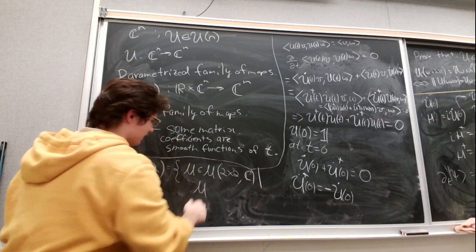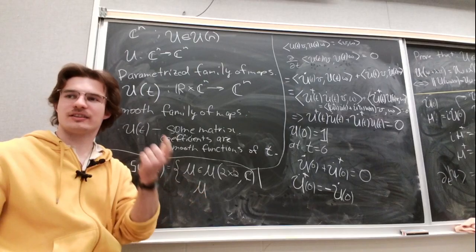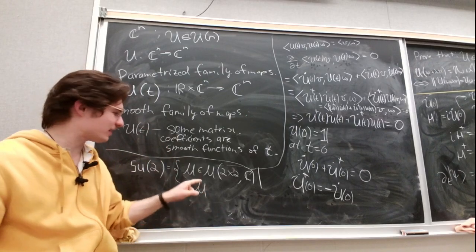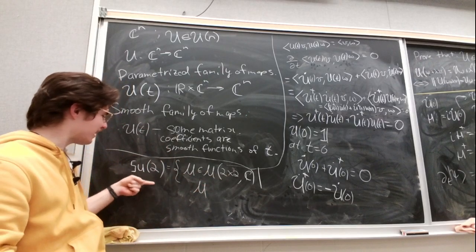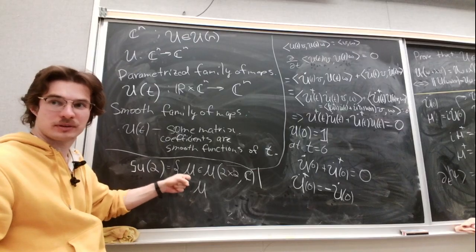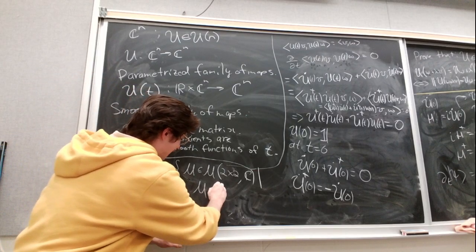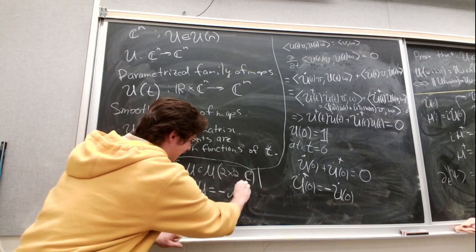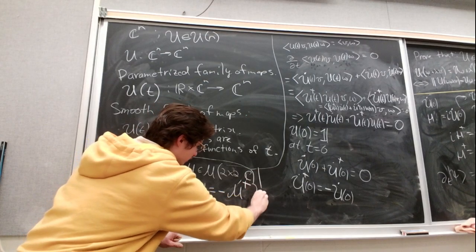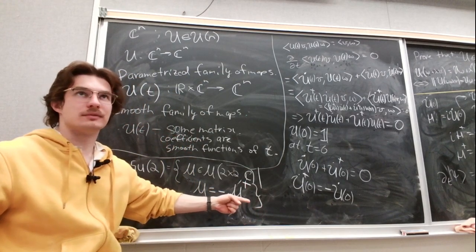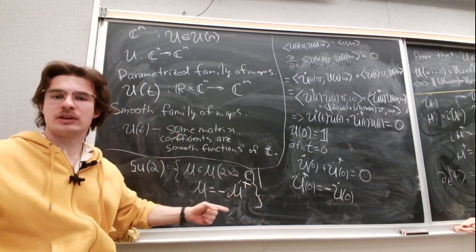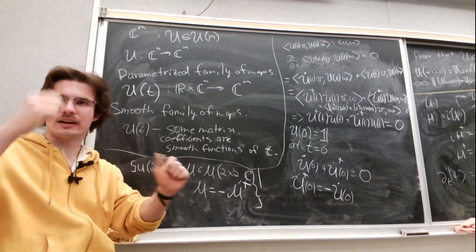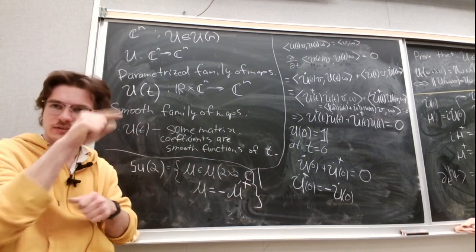This is the set of 2x2 matrices with complex coefficients, such that M is equal to minus M of the adjoint. The adjoint of a matrix in this context is I do a transpose and the complex conjugate of every entry.